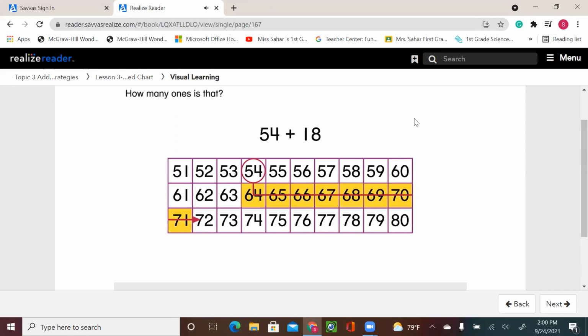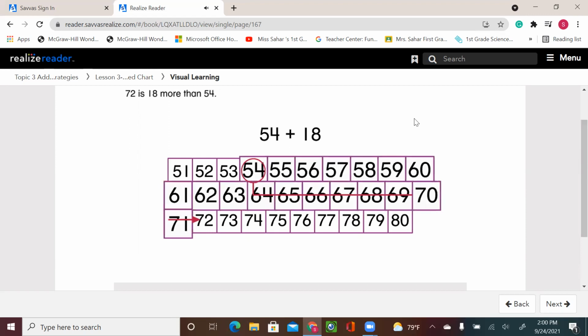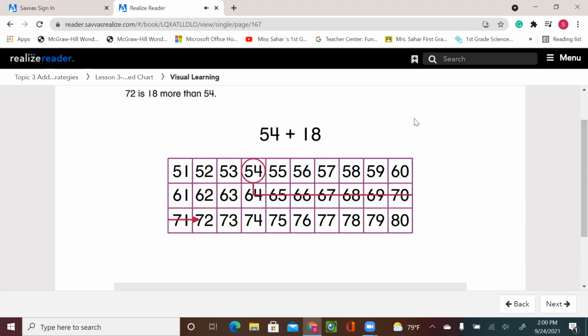How many ones is that? 8 ones. How much more is 72 than 64? 72 is 8 more than 64. How much more is 72 than 54? 72 is 18 more than 54.